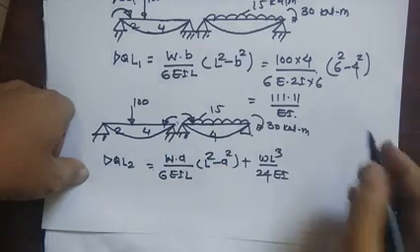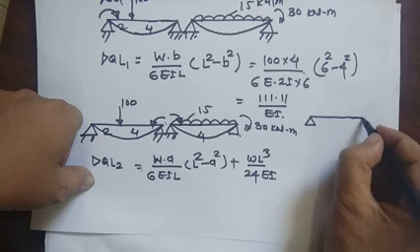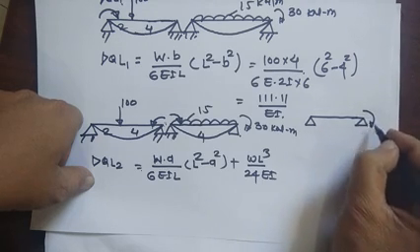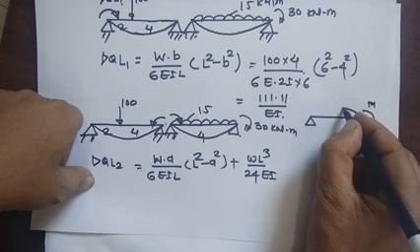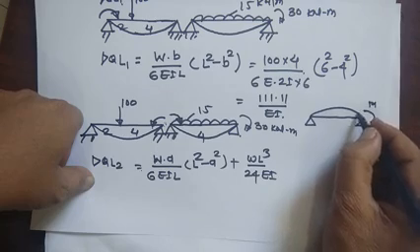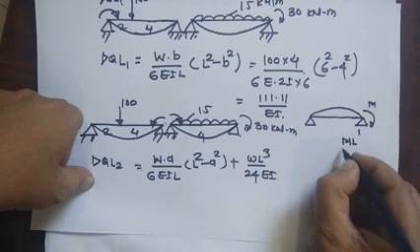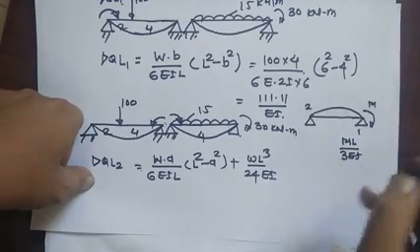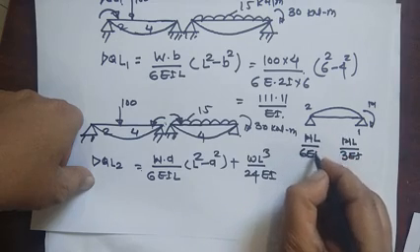Now here, if you consider any simply supported beam, if you apply any moment M, this will try to deflect the shape like this, and this moment produces the rotation at 1 as ML by 3EI, and at this 2 produces ML by 6EI.